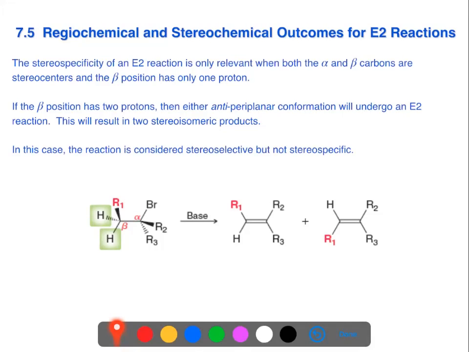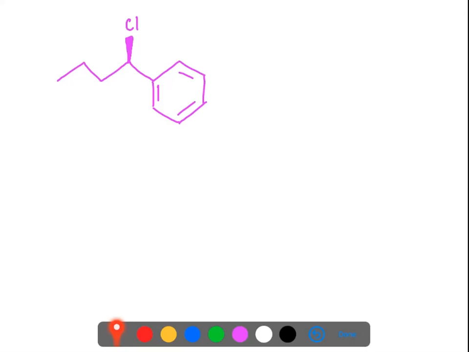So let's look at a couple of examples where we may have either stereospecific outcomes or stereoselective outcomes from the elimination reaction of an alkyl halide. So in this question, let's identify the major and minor products for an E2 reaction where this is the substrate, this alkyl halide is undergoing a reaction with a strong base.